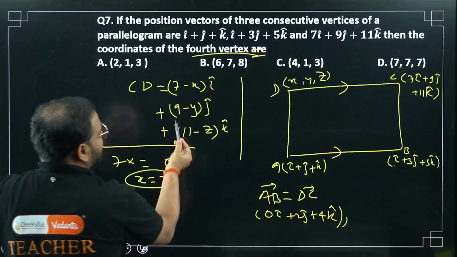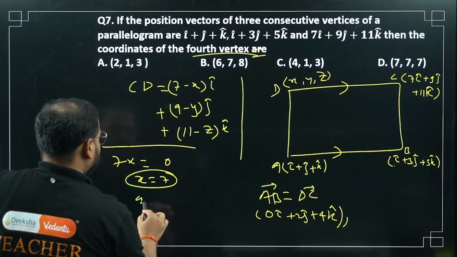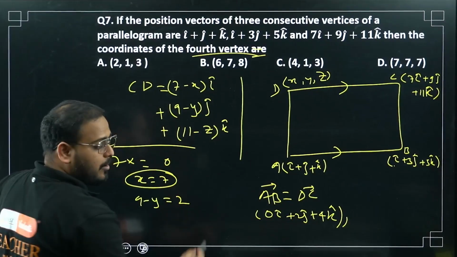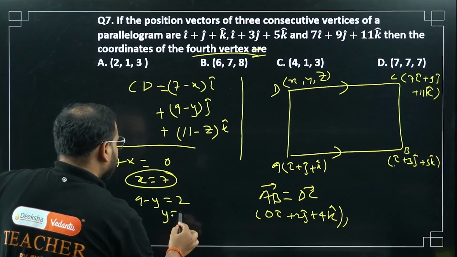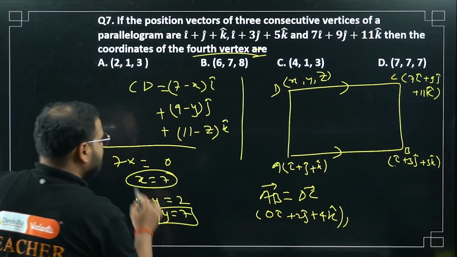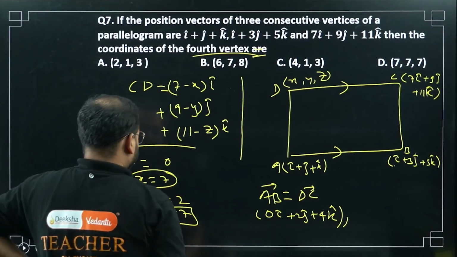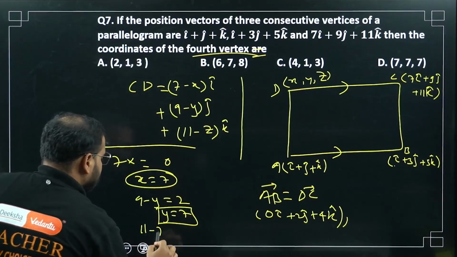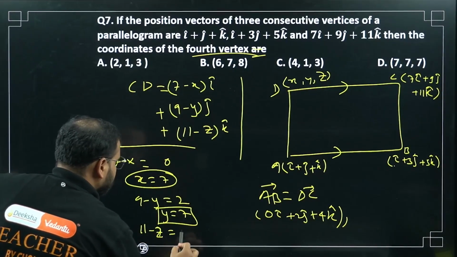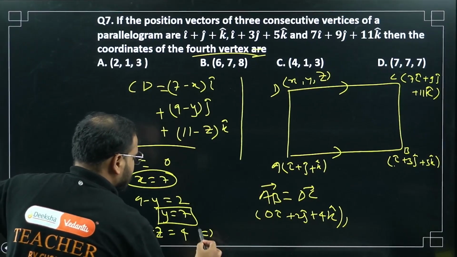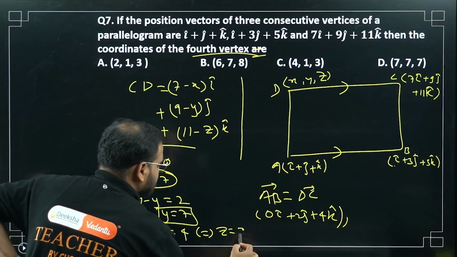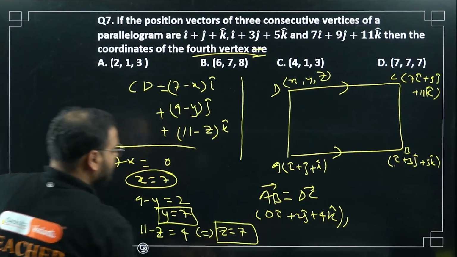Next, 9 minus y equals 2, so y equals 7. Last one, 11 minus z equals 4, so z equals 7.